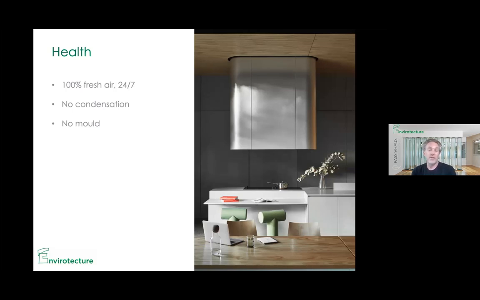This is one of the ways that we get to ensure that there's no condensation in homes or any buildings for that matter, and also no mold. So these are pretty big reasons to build in a particular way. And they're also, you could argue, very sensible things for people to expect in a brand new building.